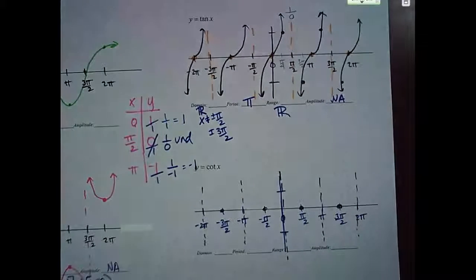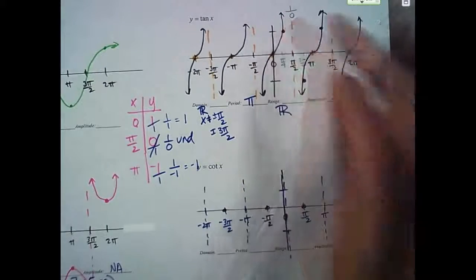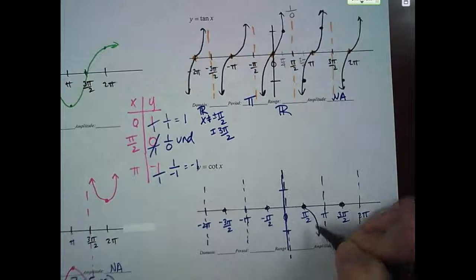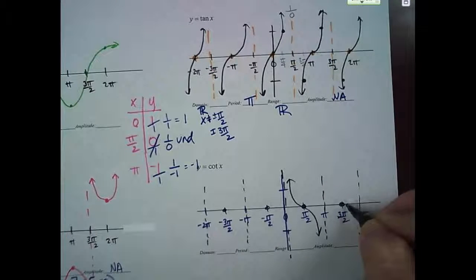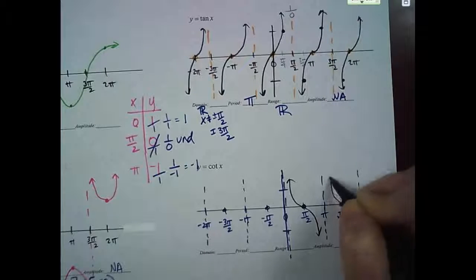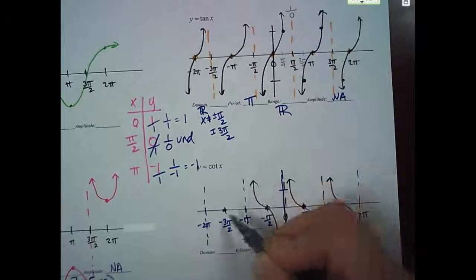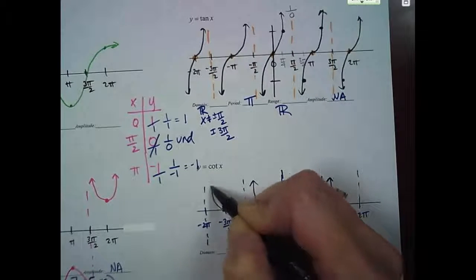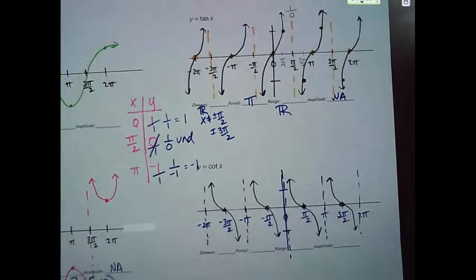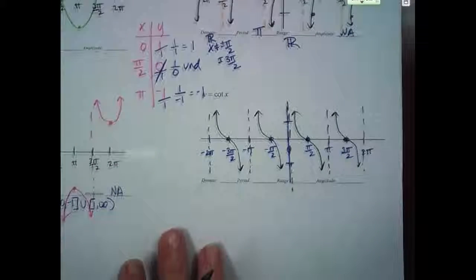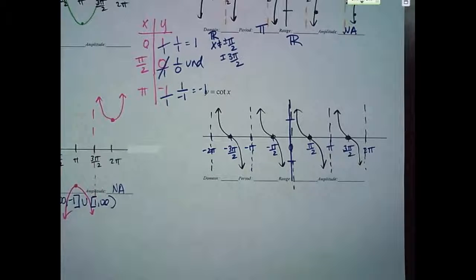Not up to the right, we go down to the right. So when you graph it, instead of going up and to the right, you're going to go this way. Now, tangent is up and to the right. Cotangent is down to the right.